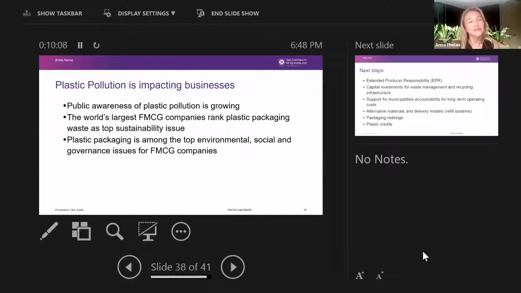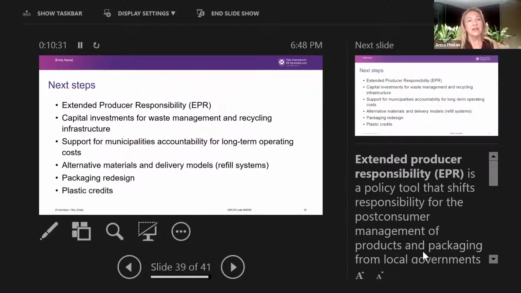Businesses are looking for solutions, and consumers are demanding these solutions. The fast-moving consumer goods companies rank this as one of their top sustainability issues. And a recent report from the Boston Consulting Group identified plastic packaging as among the top environmental, social, and governance issues for these same multinational companies.